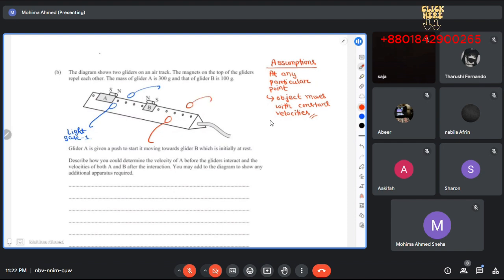We do not need to actually place another third light gate to measure the final velocity of glider A, because after it has moved very close to glider B, it will rebound back in this direction, right?